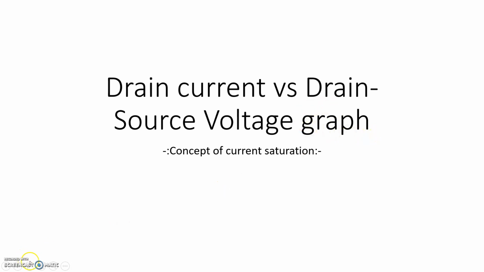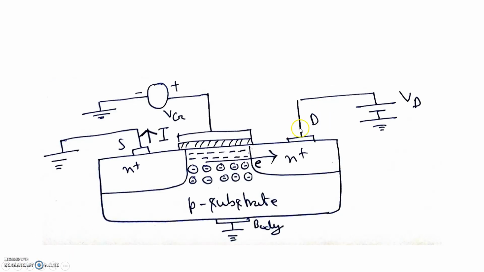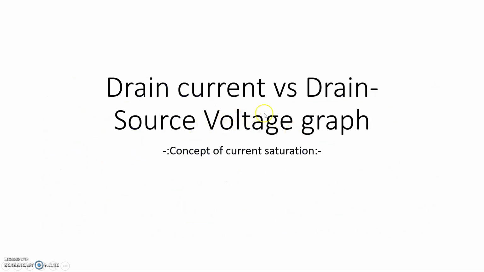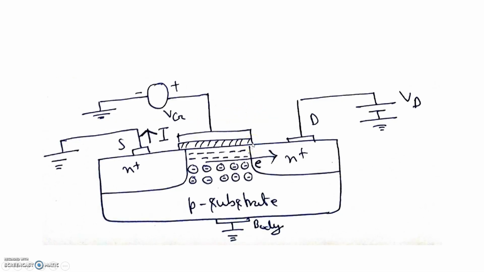But when I was discussing the drain current variation with respect to drain to source potential, initially we thought, if VG is kept constant and we keep varying VD, what will happen as we keep on increasing VD? This free electron channel which is formed in between source and drain will basically act like a resistor.